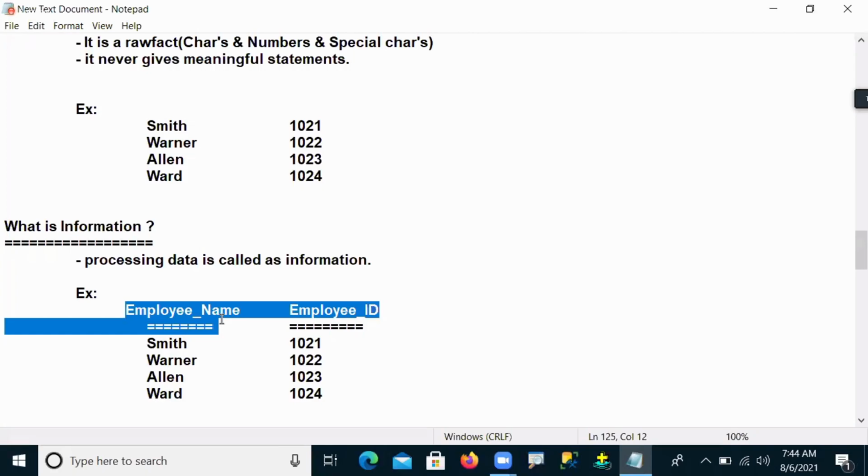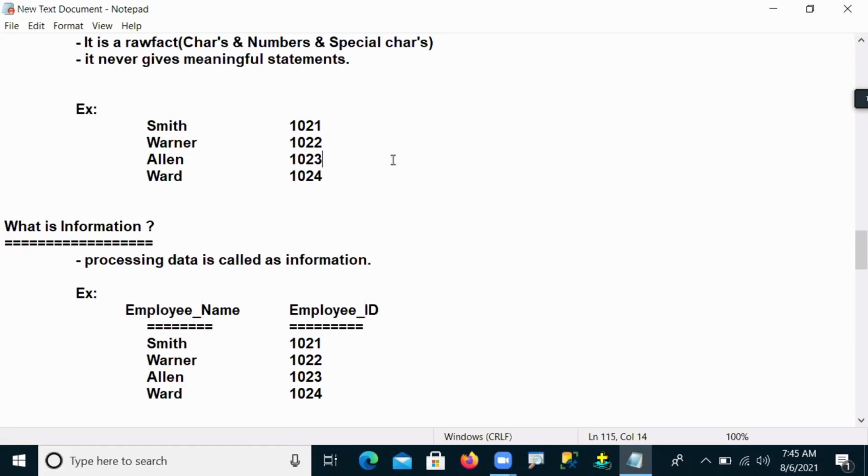So whenever you predict your data, it gives some meaning. When you predict your data, it gives some meaning. That meaningful data is called information. Understand my point here?